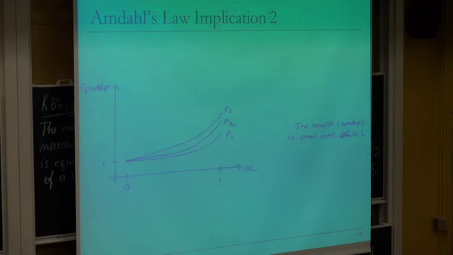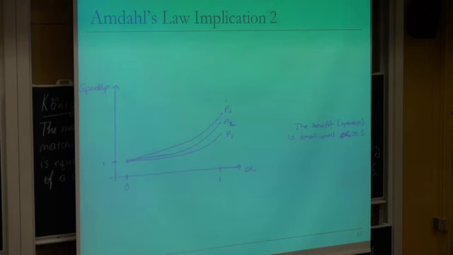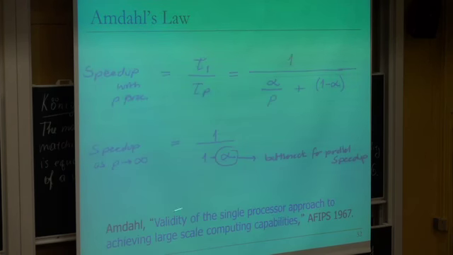Okay? So that's Amdahl's law for you. And this is to keep in mind, you should read this paper, that's why I assigned it. When Amdahl wrote this paper, his point was alpha is actually small in many applications. So it doesn't make sense to build multiprocessors.